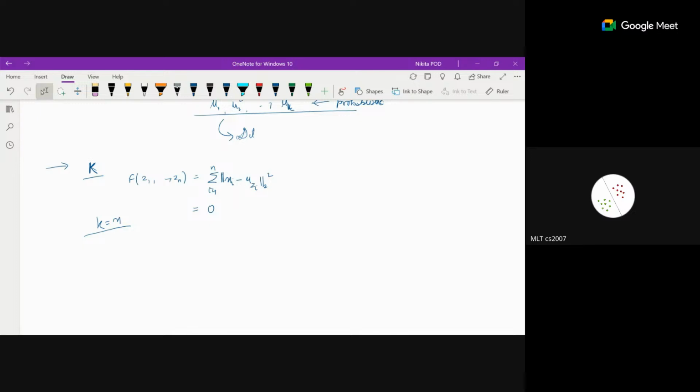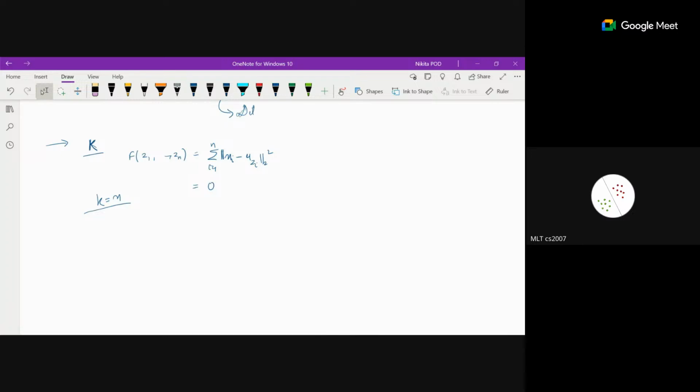We have not seen this in great detail, but to choose k we'll use cross validation, and we'll define a penalty function. Our goal would be to choose k star, the optimal number of clusters.